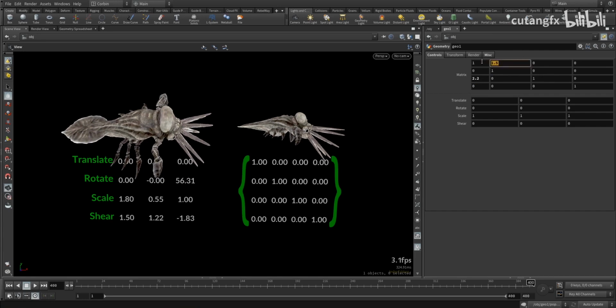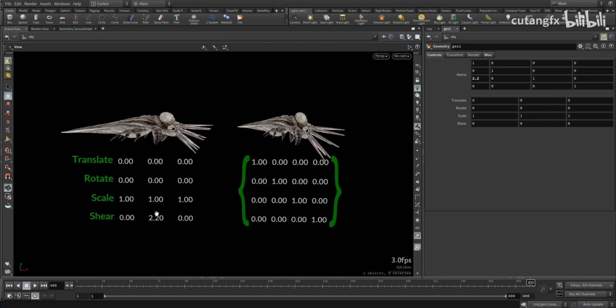Because it's not like this number relates directly to just shear on the x, because then this 2.2 would be somewhere, okay? And if we took this back down to 0, then you'll see that there is a 2.2 here. So if we only scale on one axis at a time, then yes, there seems to be a corresponding number.